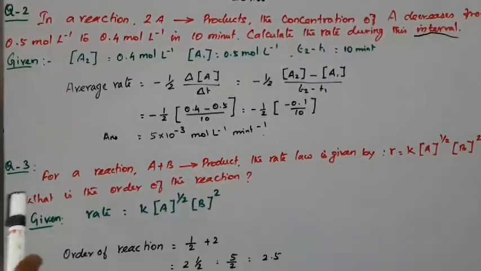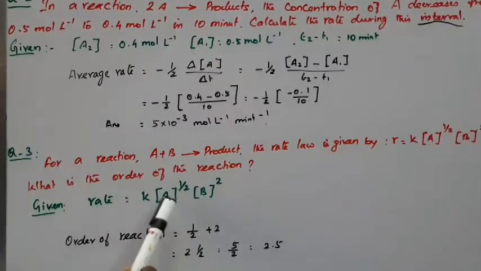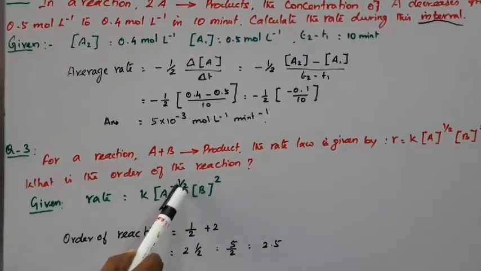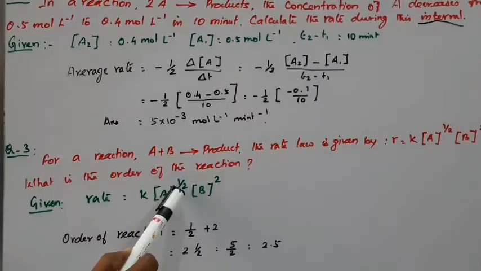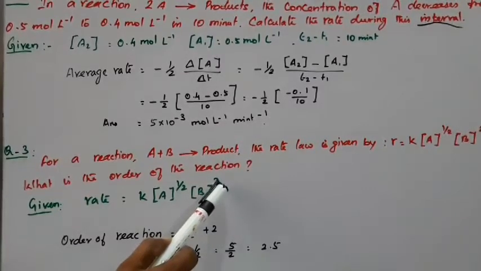So here the rate equals K, the product of reactant concentration A and reactant concentration B, raised to the power of the exponents, that is 1 by 2 already given for A, and B raised to the power 2.